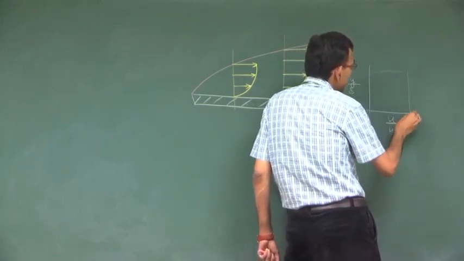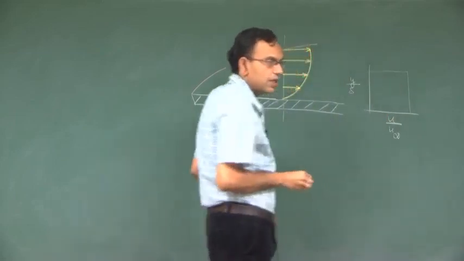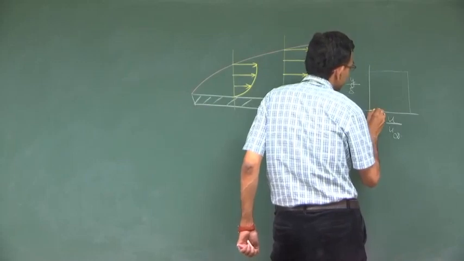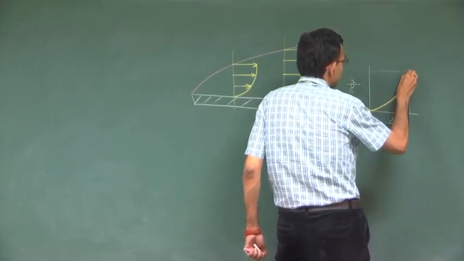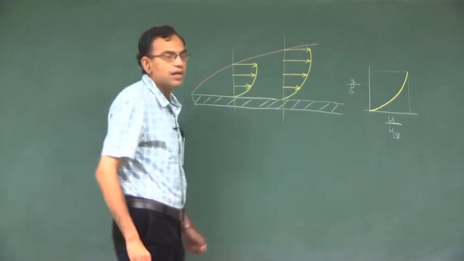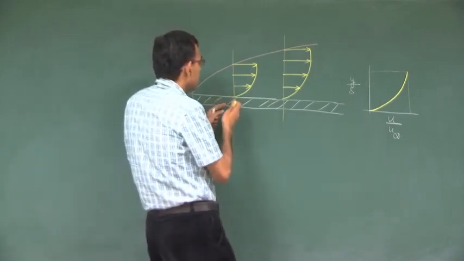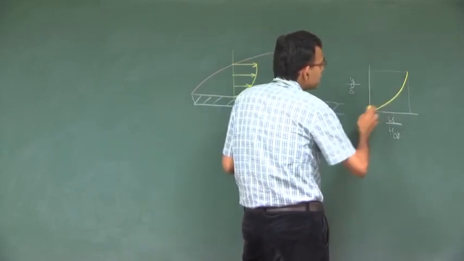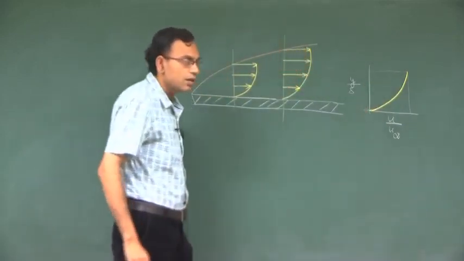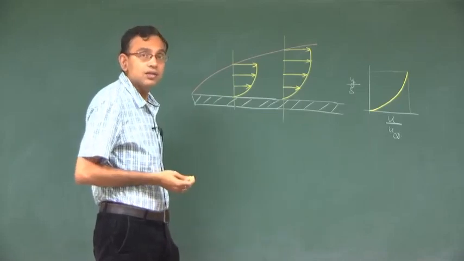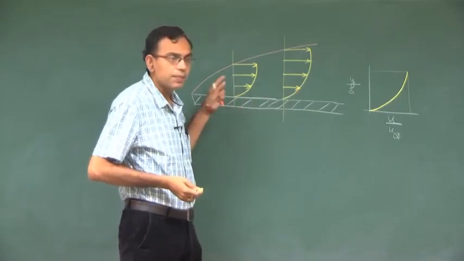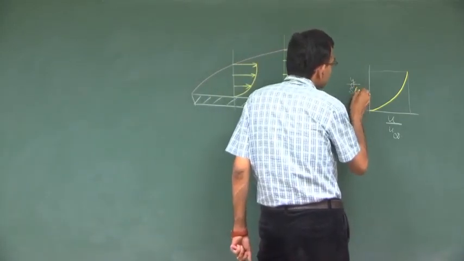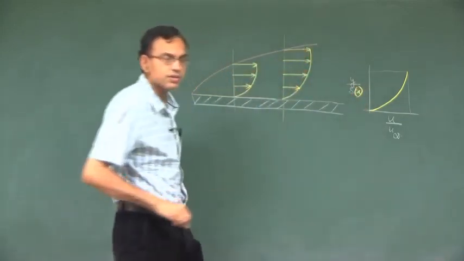So, the entire result is within a box of dimension 1 and you will see that, interestingly, all the velocity profiles here and here converge to a single velocity profile. Where is the x dependence gone? The velocity profile is clearly dependent on x. The x dependence is here, this delta is a function of x.